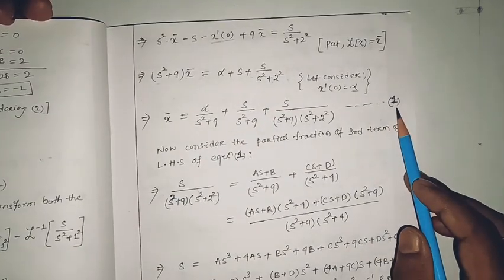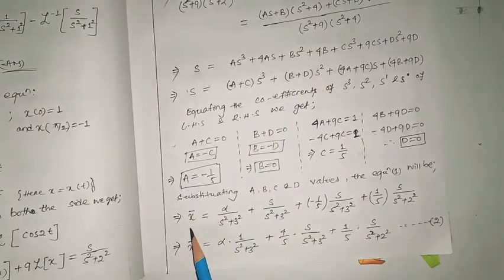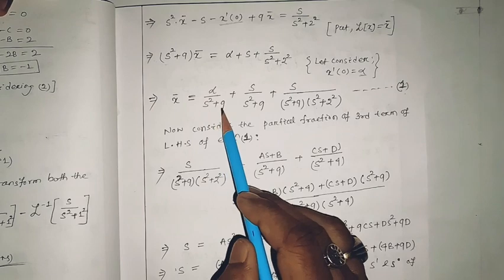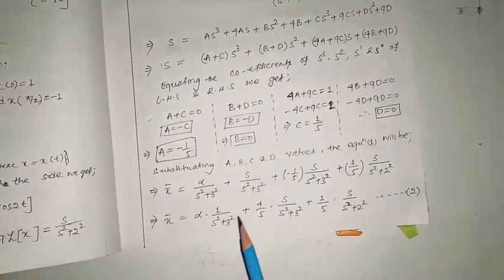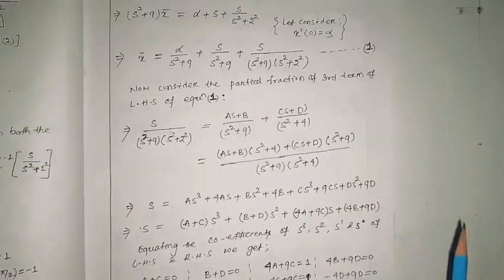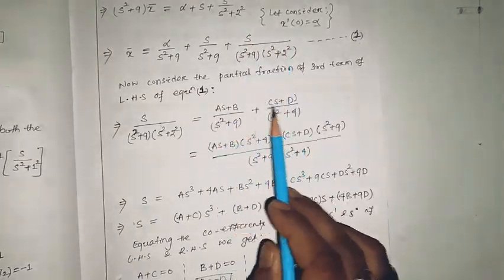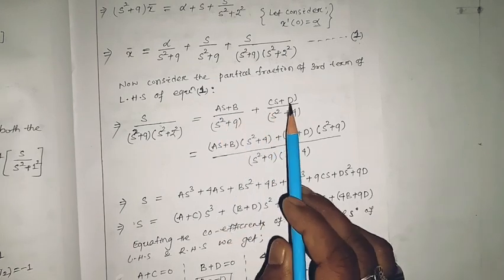In equation number 1, what we found, x bar equals alpha by a squared plus 9 plus s by a squared plus 9, or 3 squared, here this one is nothing but these two terms by substituting the a b c d values.